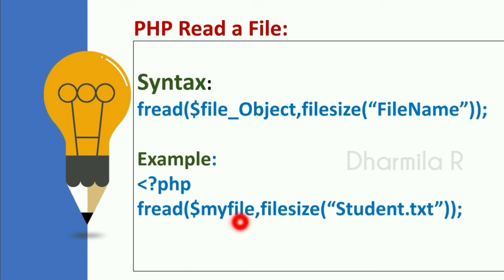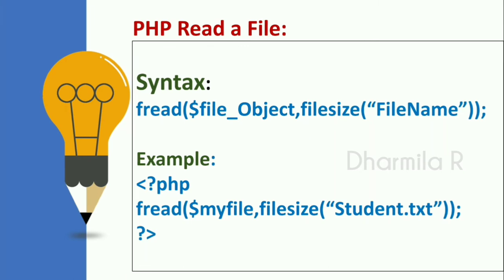So this is the file object we have seen in the file open function. And then we have the file size and we have to mention the name of the file. And then you can finally write the PHP close tag. So in simple words, the fopen function is used to open a file. The fread function is used to read a file.